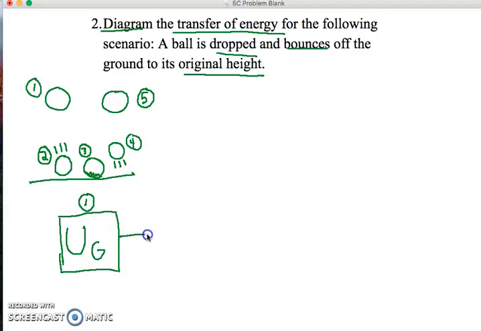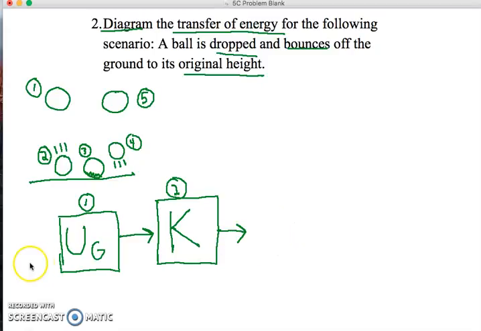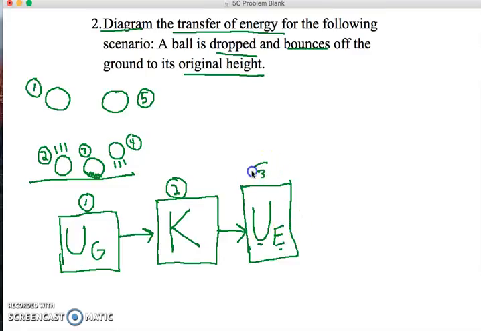As it's falling, some of that energy is converted to kinetic energy, and right as it's about to hit the ground, it's almost all kinetic. Then it bounces, so that kinetic energy is converted to elastic potential, U_E, U for potential energy and E for elastic, because it's squished and you're storing energy.